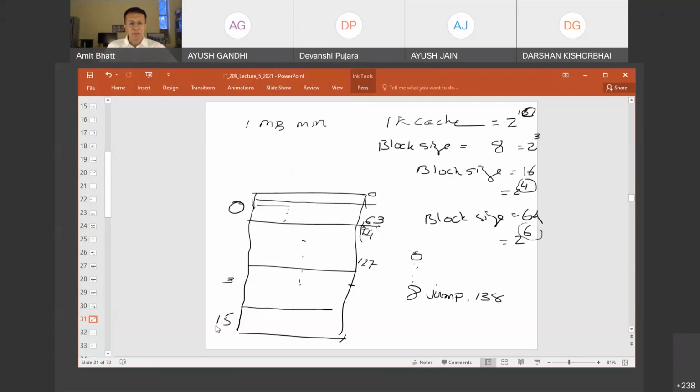Let's say suddenly you require block number 23, and here the blocks are occupying only 16 spaces. So something has to be thrown away and block number 23 has to come. It may happen that soon after, the block which you threw away is again required. And then you will have to throw away the rest and bring it back. So in the end, your miss rate starts increasing.